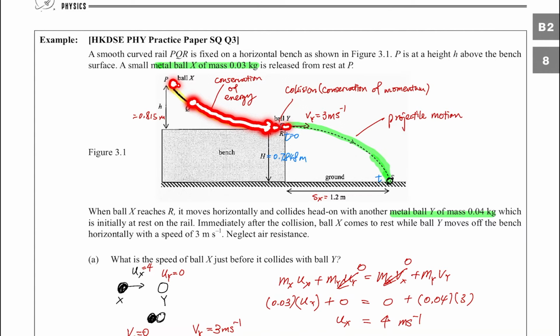Not hard to imagine that when ball Y is being projected, it would also be projected with a smaller speed. What would happen if it is projected with a smaller speed?